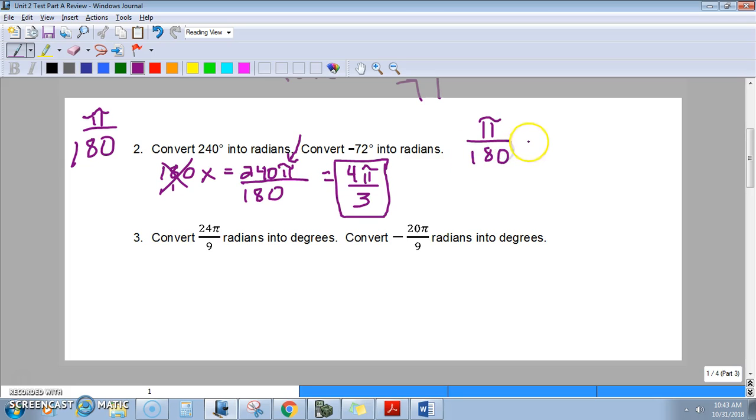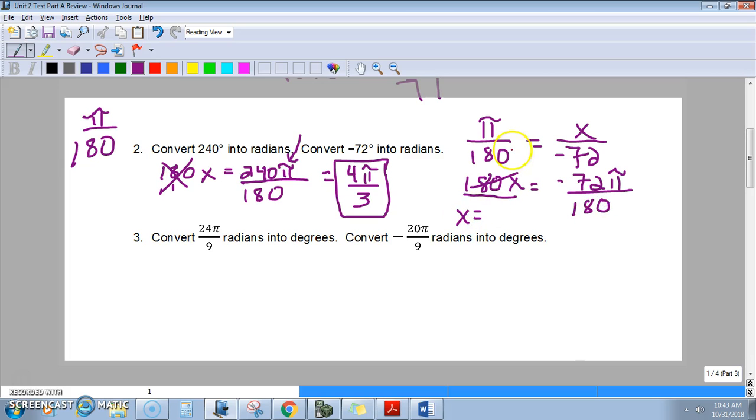Pi over 180 is equal to, and remember, degrees we already have, so it's going to go on the denominator, negative 72 over x. You can call it whatever you want. So we get the same thing: 180 times x is equal to negative 72 pi. Divide both sides by 180. Cancel that out.